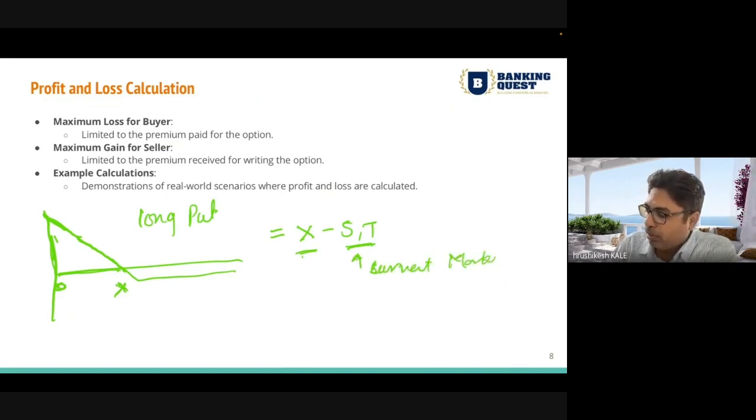So if ST is 0, the maximum profit in long put will be equal to X.